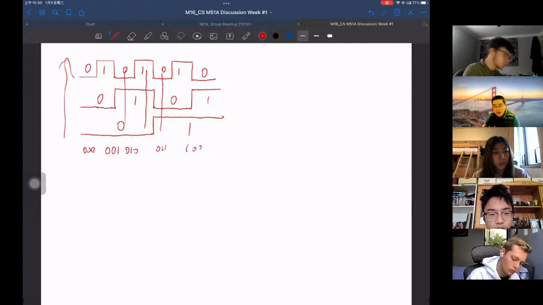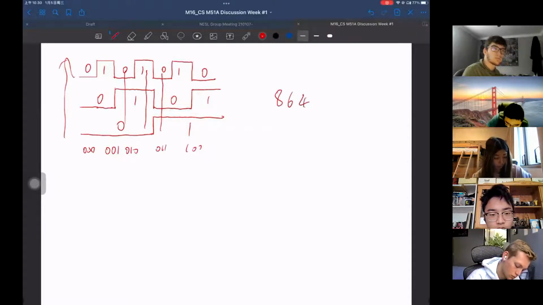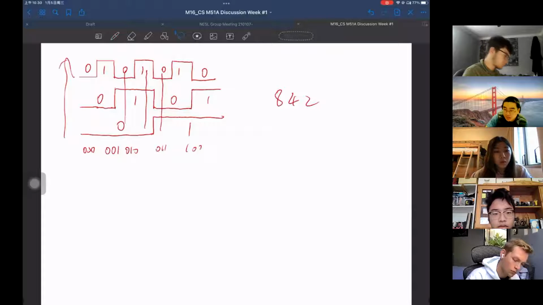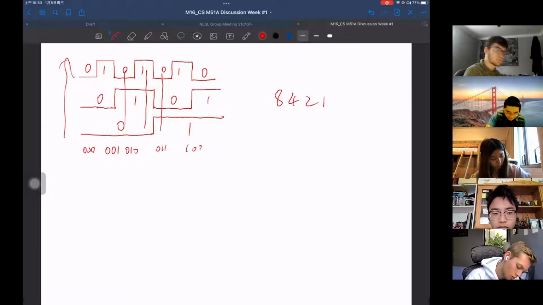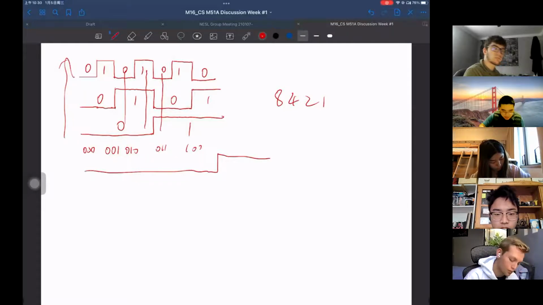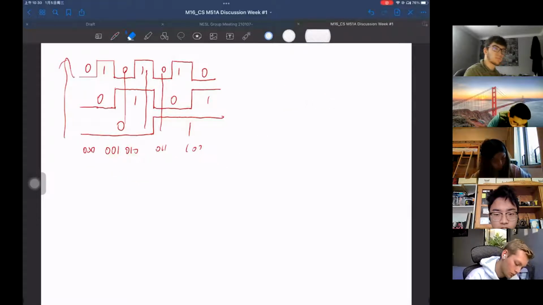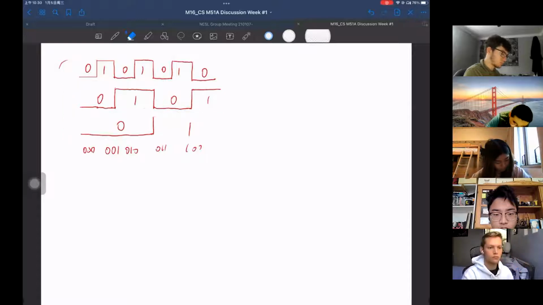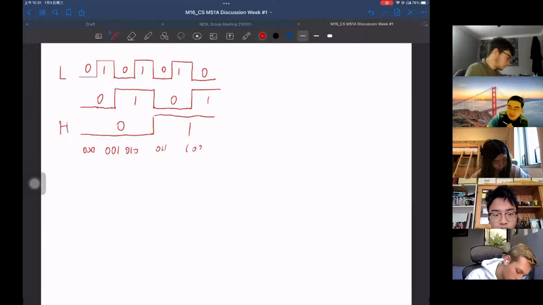So it's naturally a counter, which increases the number by 1 each time. If I have one more bit, I can make it this way to make a counter. The lower one will be the higher bits. This is the highest bit. This is the lowest bit.